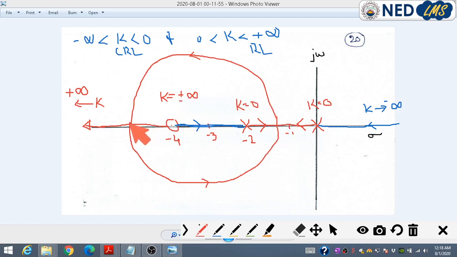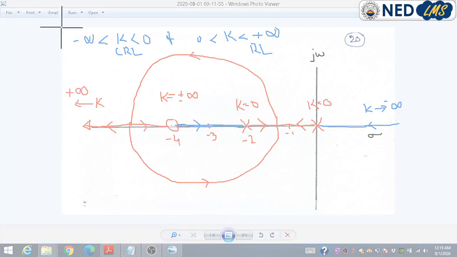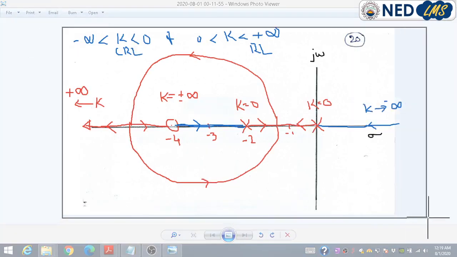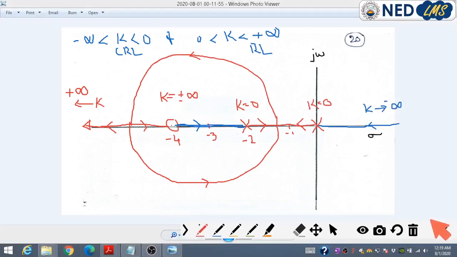After this break-in point, one branch covers this positive infinity and the other branch will cover this infinity. So this would be the tentative sketch of the root locus of the given system, and for a complete sketch we have to find out the breakaway point and the break-in point. So once again I have to save this picture for any further use in the future.